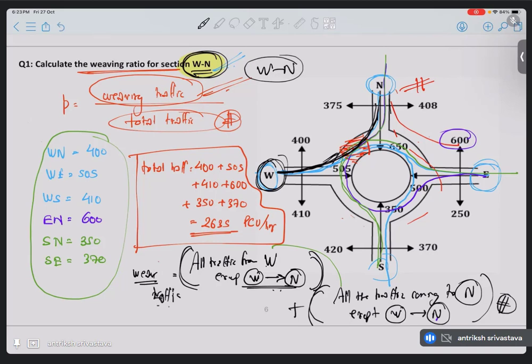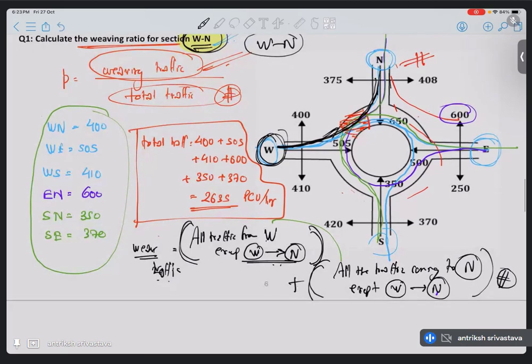So let's see what that is. All the traffic going from west: that is west to north, west to east, west to south, but we don't have to consider west to north, so this is removed. So west to east plus west to south. Now, all the traffic going to north, but not from west. All the traffic going to north is west to north, east to north, south to north, but we have to again ignore west to north.